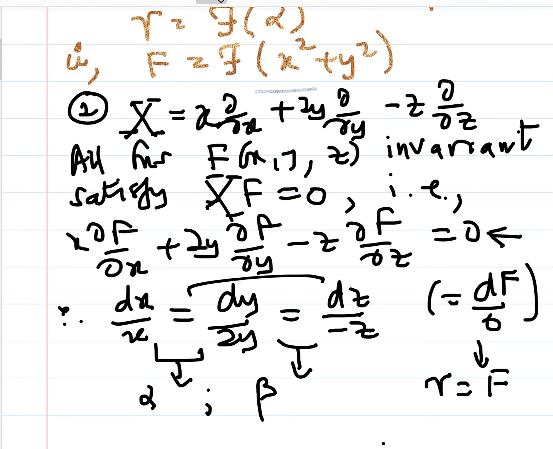And gamma, of course, is going to be an arbitrary function of alpha and beta, from which you would substitute the forms. Gamma will be f, alpha will be whatever it is in terms of x and y, and beta is whatever it would be in terms of either x, z or y, z.